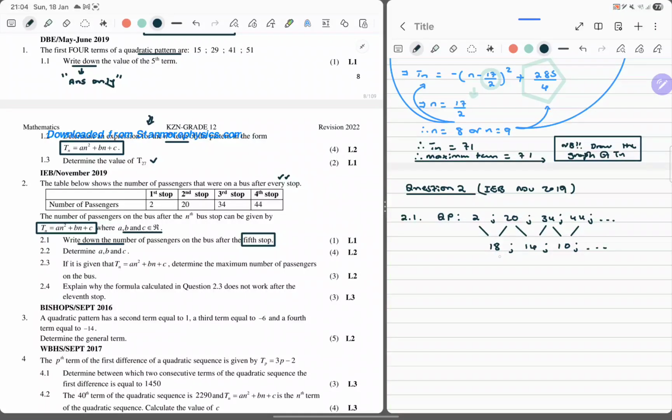And we can see that this is different, so we go on until we find a common difference. 14 minus 18 is minus 4. Again, 10 minus 14 is minus 4. Now we can clearly see that this is quadratic. Of course, I knew because we're dealing with a quadratic, so it should be easy to figure that out. But in the exam, it's not so easy to see.